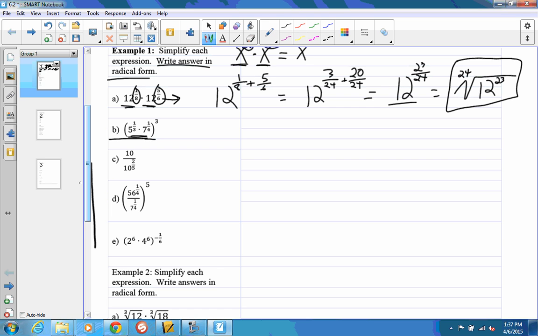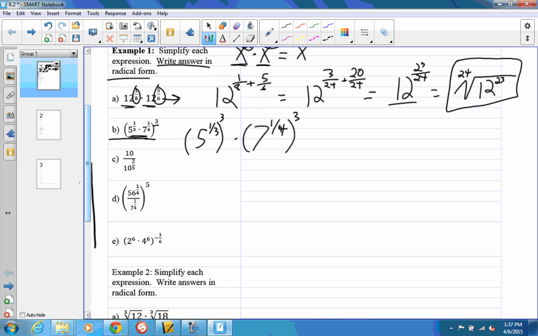And I'm going to distribute that raised to the 3rd power. So now I've got 5 to the 1/3 power raised to the 3rd, times 7 to the 1/4 raised to the 3rd, right?